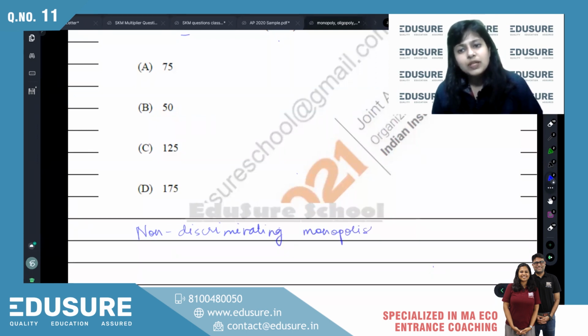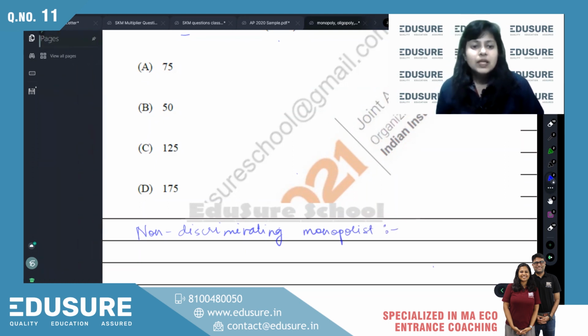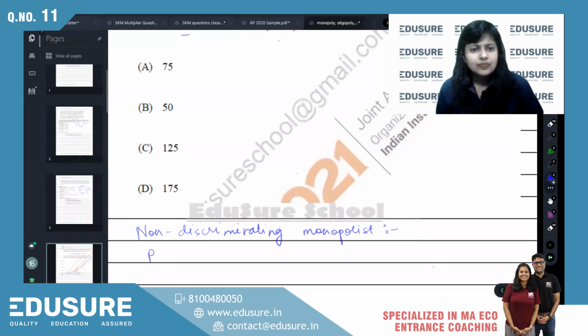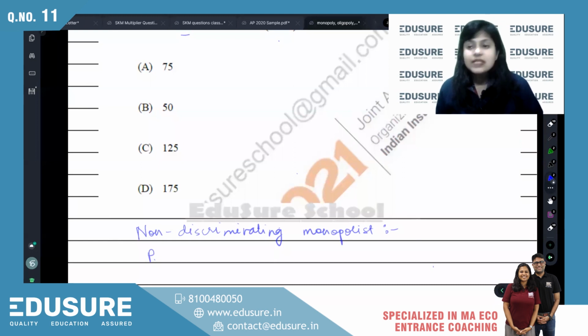Non-discriminating monopolist means he will charge the same price in both the markets. So if there are two demand curves with QX and QY, we'll add them up and take out one market demand curve.